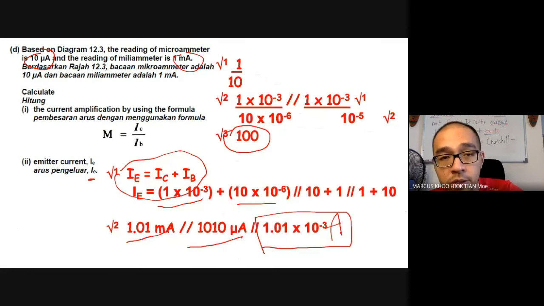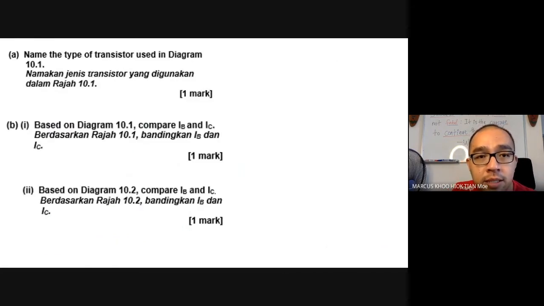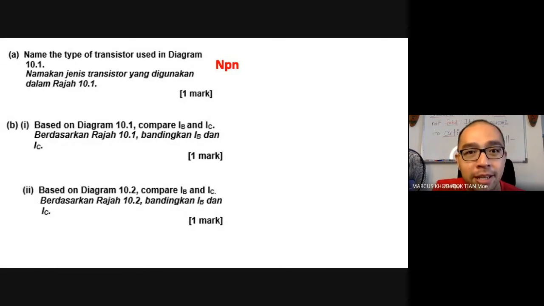All right, next question. Diagram, yada yada. This is probably a compare question, right? Type of transistor. You know what? Let's not. Brandon, kau bersedia sudah kan? Oh no, Angeline sudah bersedia. Type of transistor is too simple. I'm not going to insult you by asking you this question again.